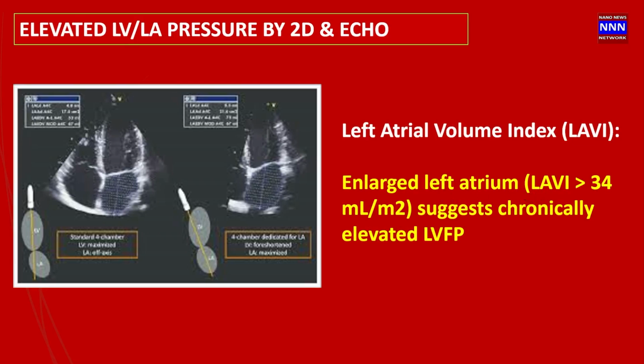Left atrial enlargement is an important part of determining the presence of diastolic dysfunction and also elevated left ventricular end-diastolic pressure. These are two different parameters, diastolic dysfunction and elevated left atrial pressure. You can have diastolic dysfunction without having any evidence of elevated left atrial pressure.